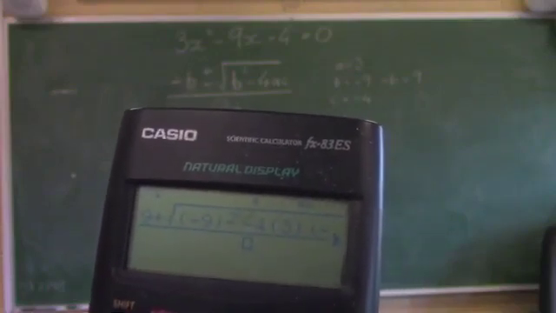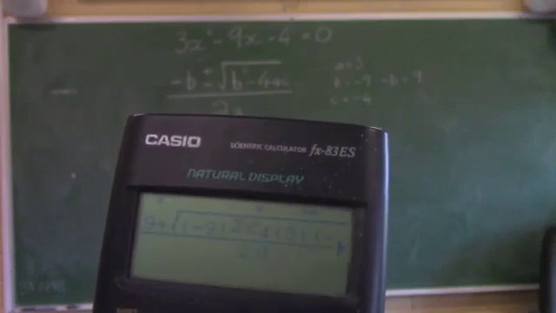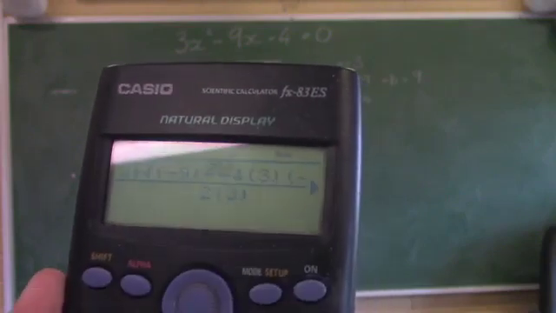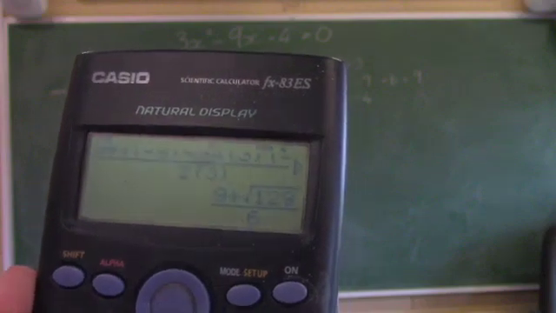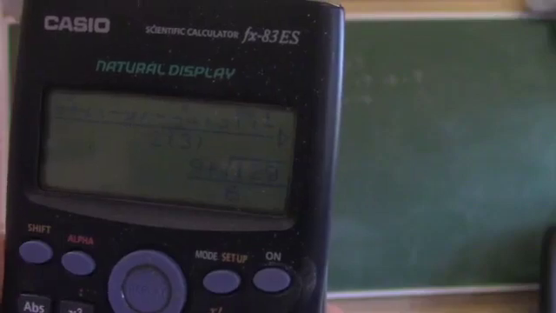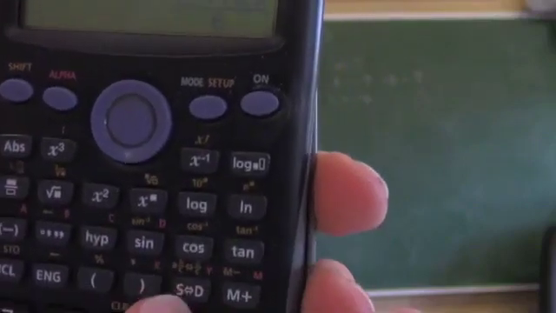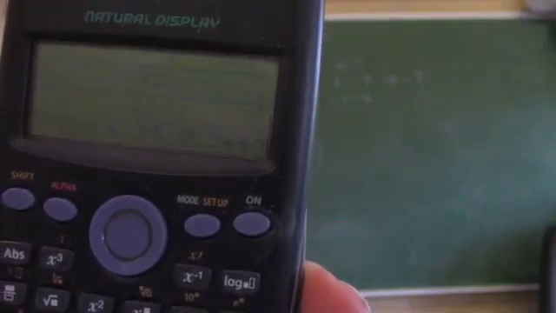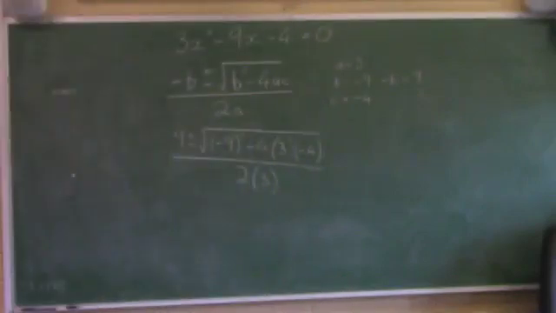Right, I'm down at the bottom now, 2 brackets 3. Okay, press equals. Now look at the way it comes up. This is not the way that I want my answer, but if I press my SD button, it will change it to the way I do want my answer.